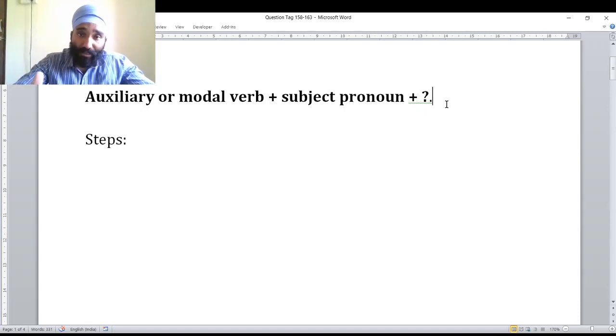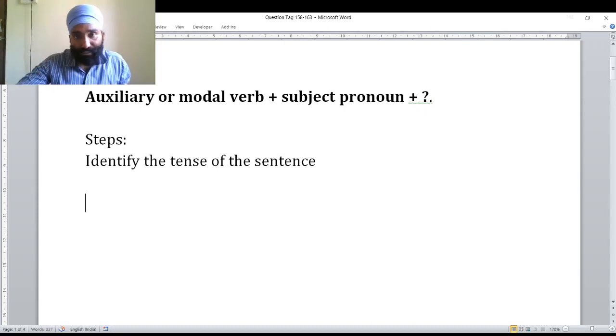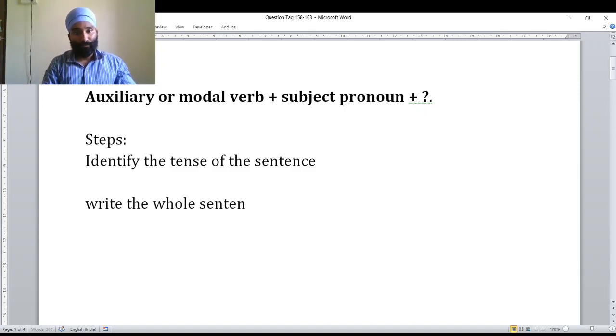First of all, we have to identify what is the tense of the sentence. Which is your first step? Identify the tense of the sentence. After identifying the tense, you write the whole sentence as it is.